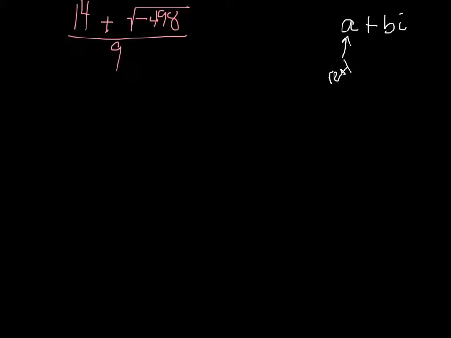And the BI here is the imaginary part because it has the I being multiplied by the B value, which also is a real number. All right, so I'm just going to abbreviate because I'm running out of room there.